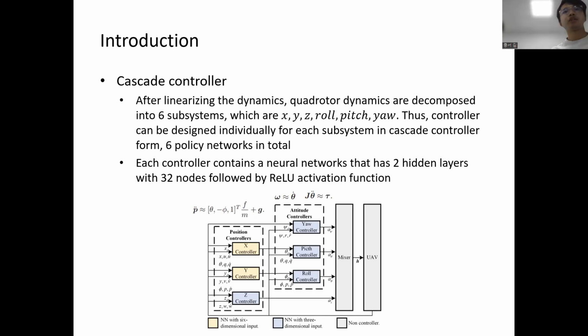Each controller contains a neural network that has 2 hidden layers with 32 nodes, followed by a rectified linear unit activation function. It can be seen from the figures below that the output of the policy networks of the position subsystem will be the input to the policy networks of the attitude controller, and thus they are connected in the cascade form.